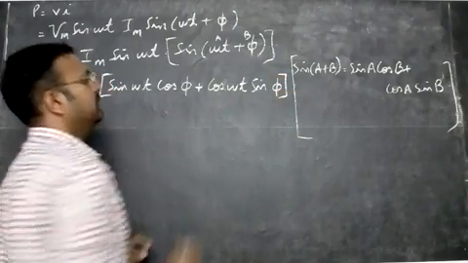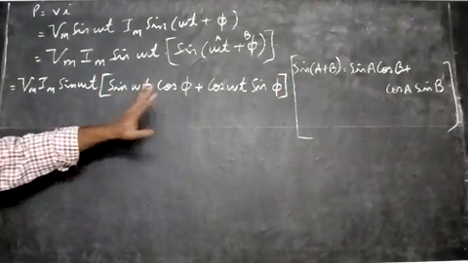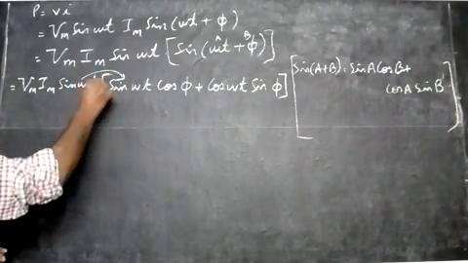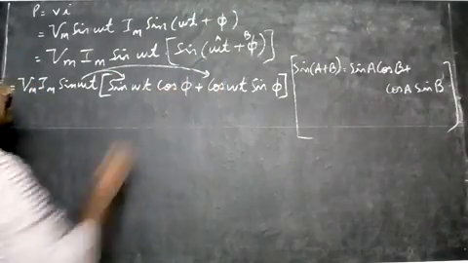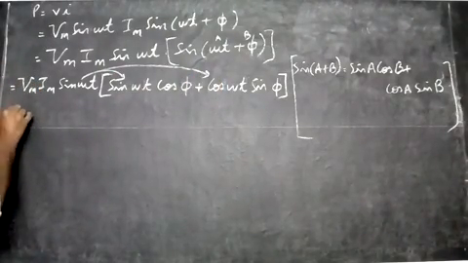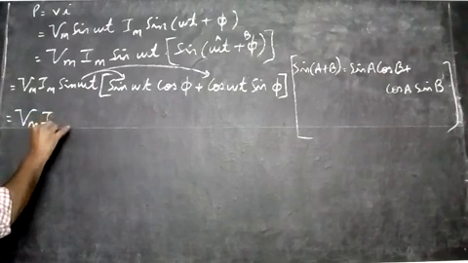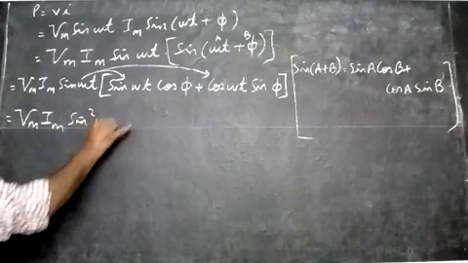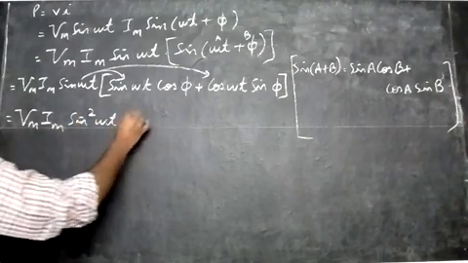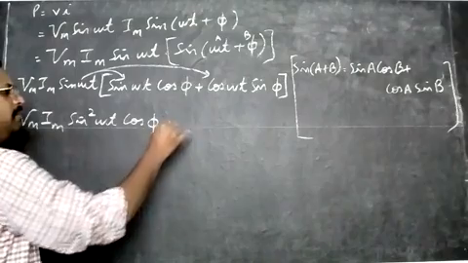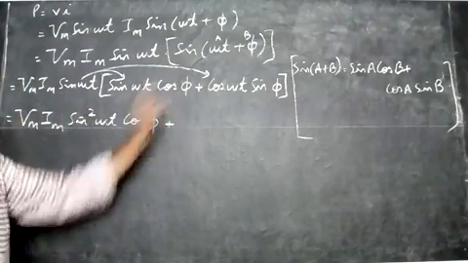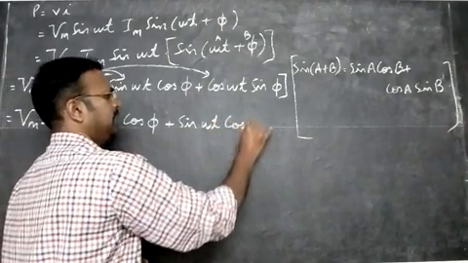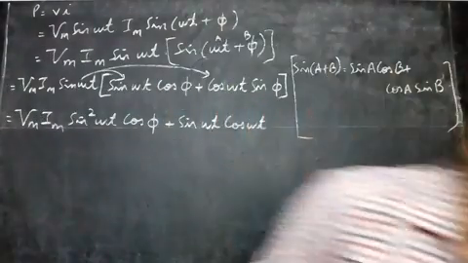This is what you get here. Now we multiply the sine omega t inside. So what you get is Vm Im sine omega t into sine omega t, which is sine square omega t, and then cos phi, plus the second term sine omega t, and then cos omega t.